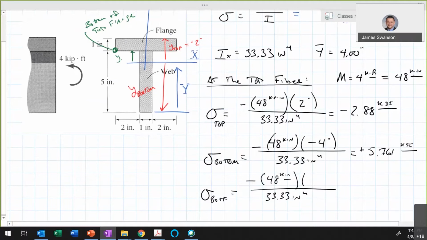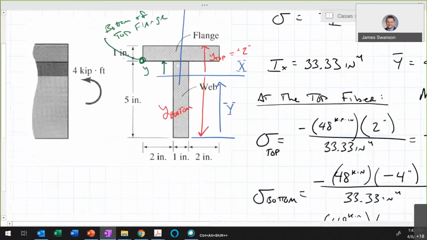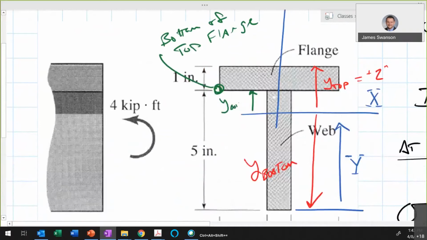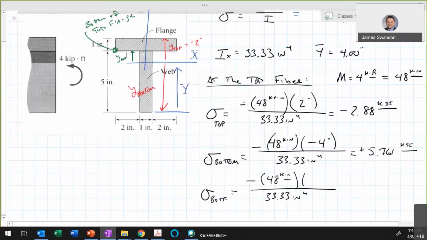So y BOTF. Yeah, I screwed that up, didn't I? All right, so then here we put in +1 inch, and what we get for our stress is minus 1.440 kips per square inch.